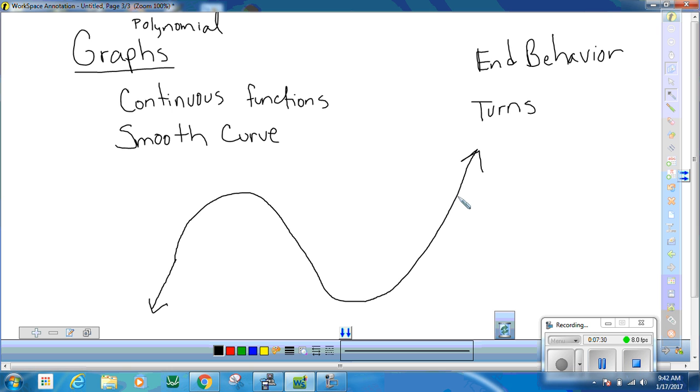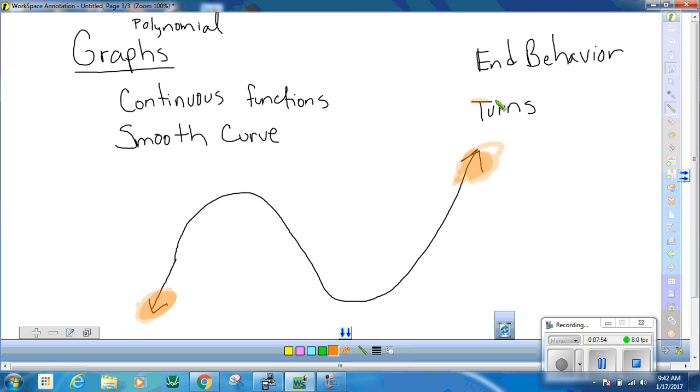I can tell a lot about a polynomial graph just by looking at its equation. I don't have to type anything into a calculator or anything into Desmos. Just by looking at its equation, I can tell what the ends of the graph are doing. So these ends, these arrows, what are these ends of the graph doing? And I can also tell what could possibly be going on with terms.